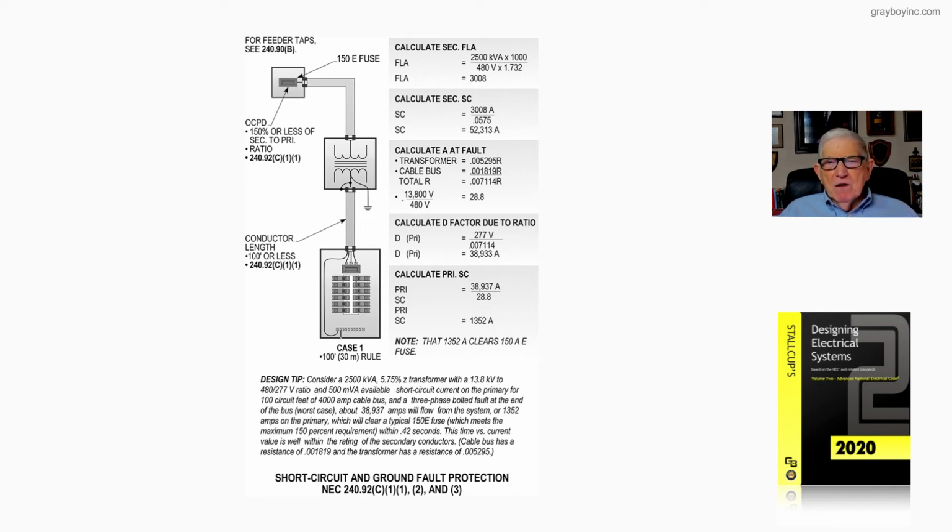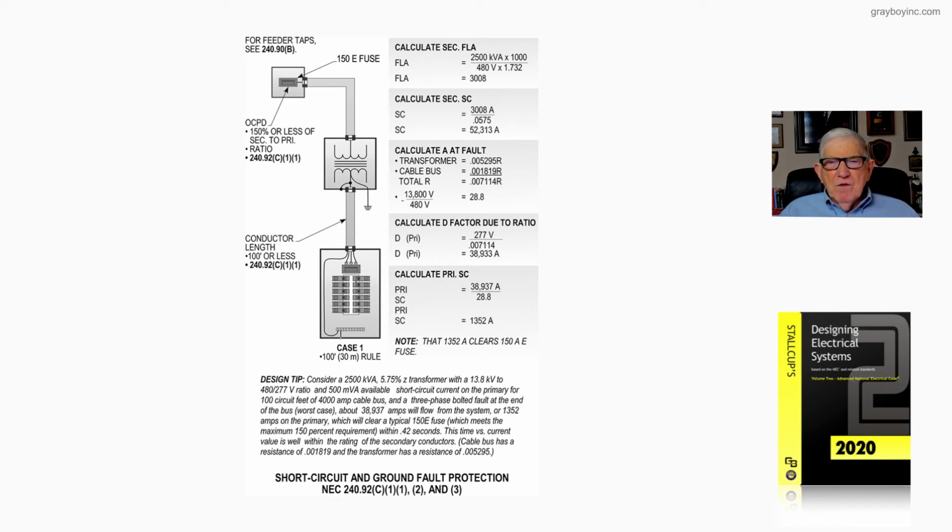The primary voltage that we're going to look at, we're talking about phases. We'd have 277 volts to ground on that 480, 277 volt side is what I'm saying. Now you take that and divide that by 0.007114, which is your resistance that you see totaled in the calculation at the fault that we just performed.